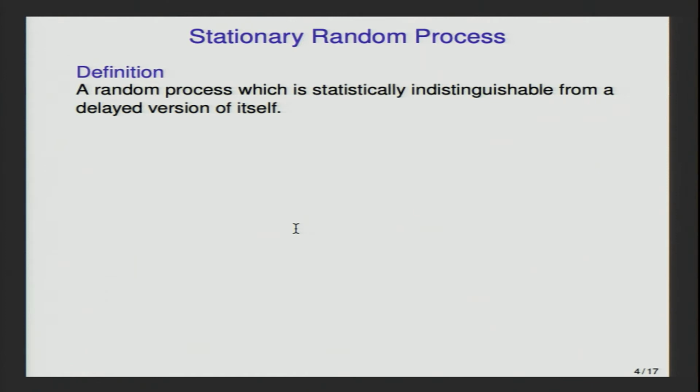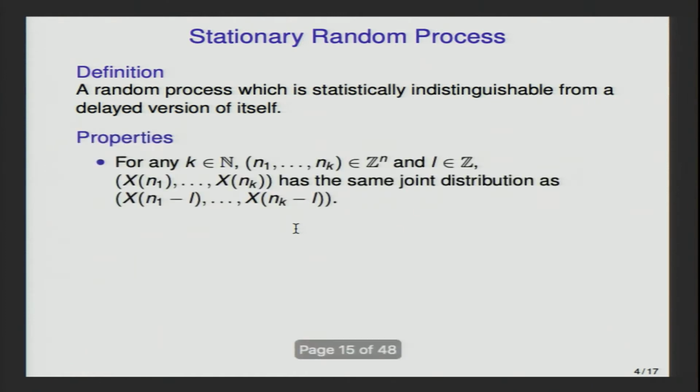These are called stationary random processes, which are of importance to us. To give a more specific definition, think of the joint distribution across the time samples n1 to nk. If this joint distribution is the same as a delayed version of it, that is one of the strict properties which ensures that the process is stationary.